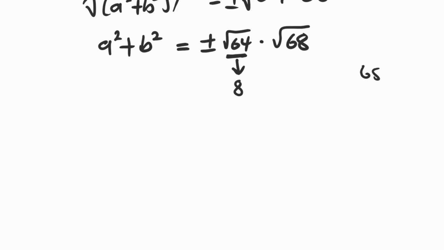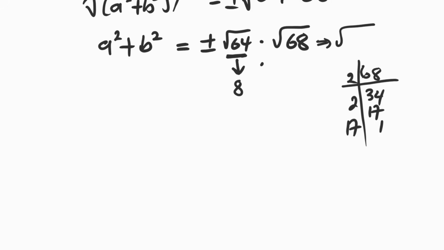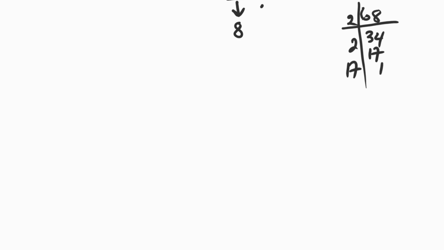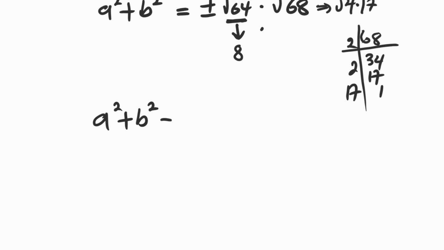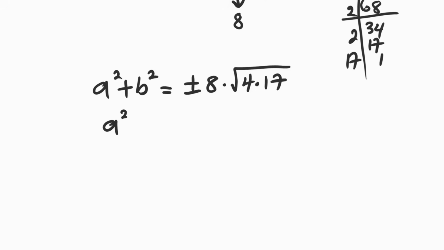And then what about 68? Let's break this down. 2 here is 34, 2 here is 17, 17 is 1. So 4 times 17. So this is the same thing as the root of 4 times 17. So a squared plus b squared is equal to plus or minus 8 times the root of 4 times 17, which is 8 root 4 root 17.